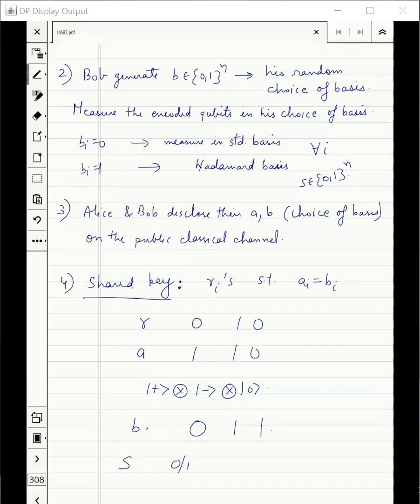Minus. That means, what will be S2? 1. And then what about the third case? You will measure 0 in the Hadamard basis. 0, 1 with equal probability. Good. This is what we know about S and R. Now we know that wherever Ai was equal to Bi, their value will definitely agree. And that will be our shared key.